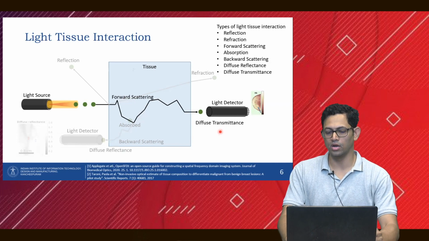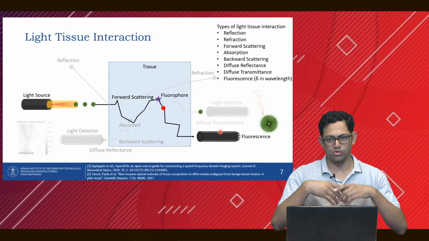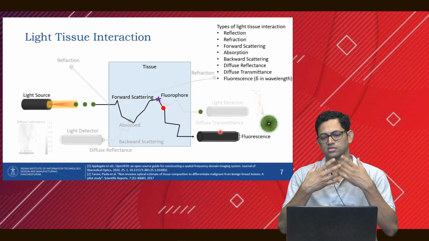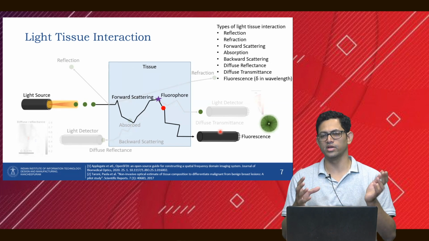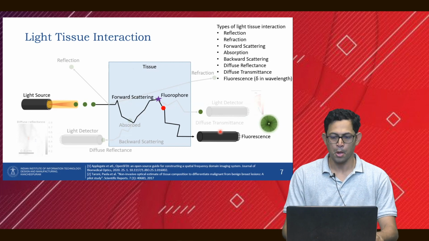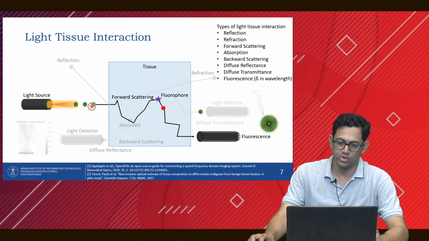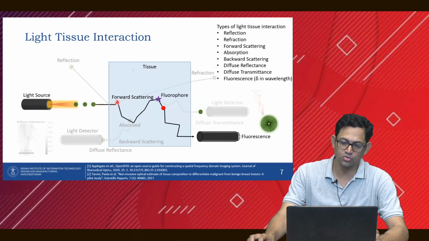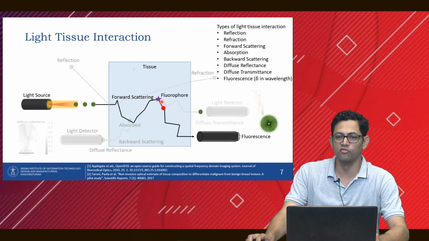Now there could be another technique as well, where the light could be reflected as well as transmitted. Over here I am just showing it as transmitted, but the case could also be that it is being reflected. Now what is happening is that you can see this green photon which is interacting with the tissue. It occurs through multiple scattering, and then it interacts with a fluorophore.